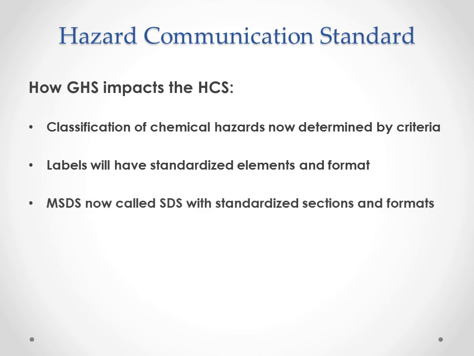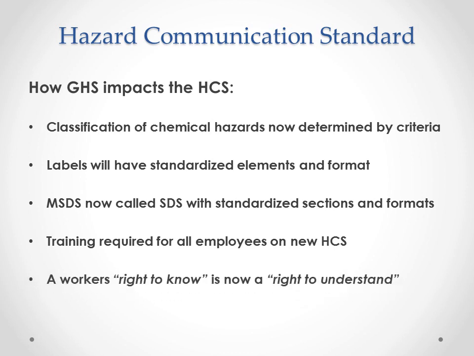Material safety data sheets will now simply be called safety data sheets. They will also have standardized sections and format. All employees must be trained on the revised Hazard Communication Standard, which is what this training is all about. And with these changes, a worker's right to know is becoming a right to understand.